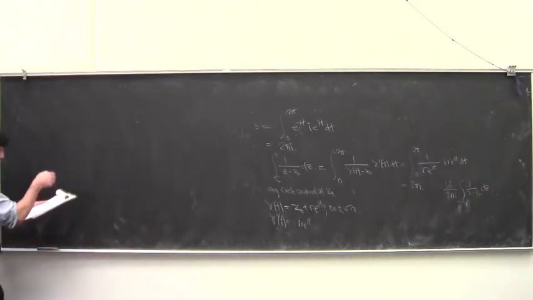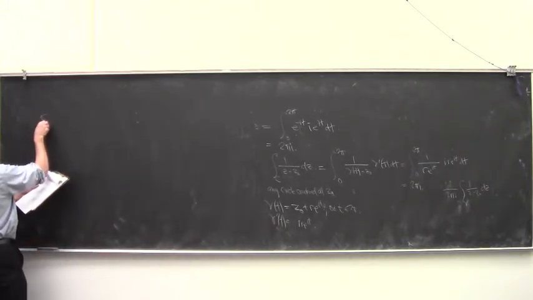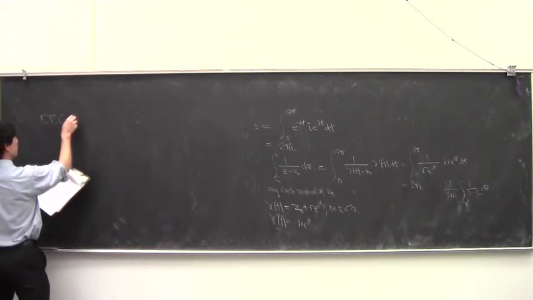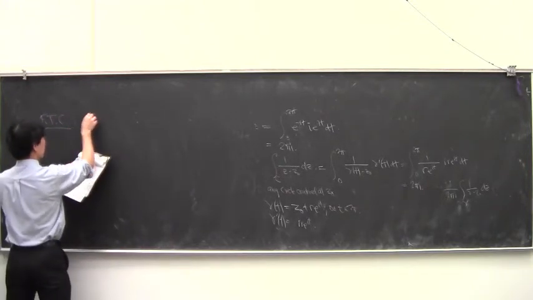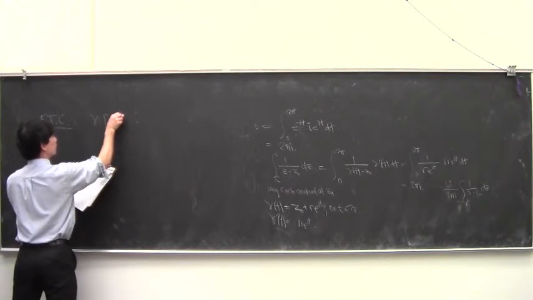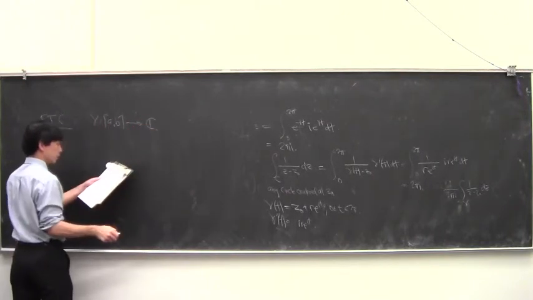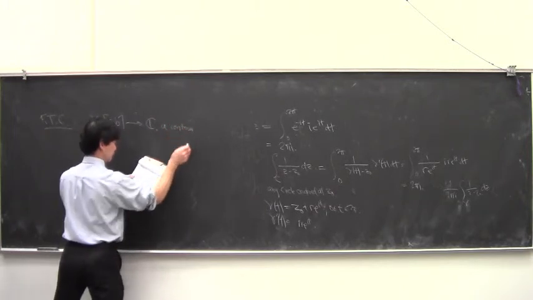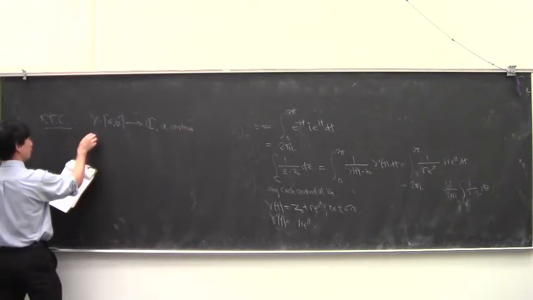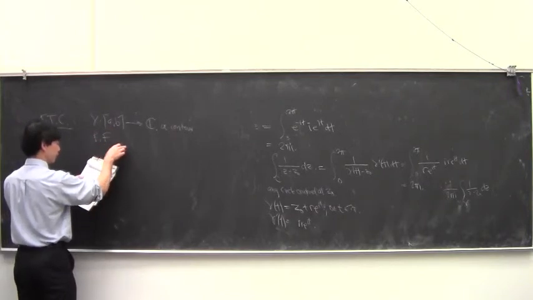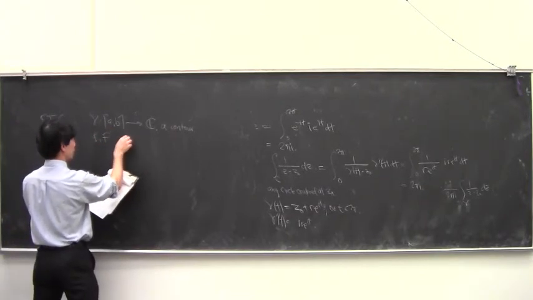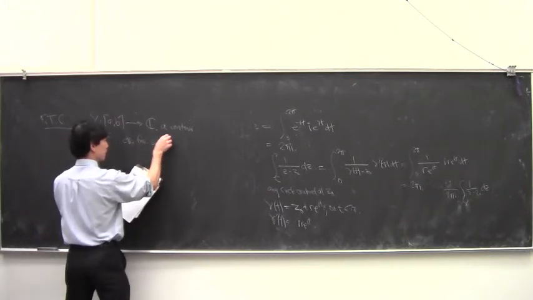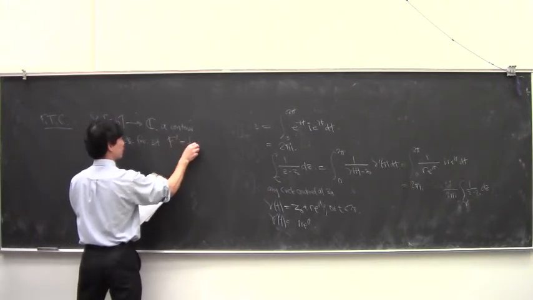So, fundamental theorem of calculus for contour integrals. Suppose you have a contour, and you have f and capital F that are continuous functions, such that F prime equals f.